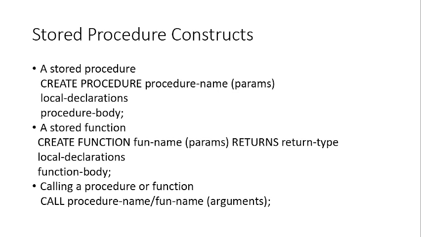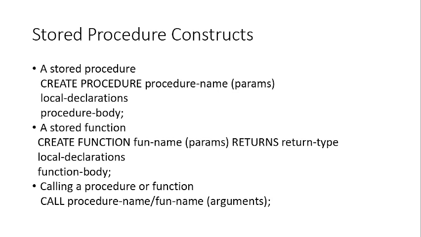Many commercial DBMS allow stored procedures and functions to be written in a general purpose programming language. The stored procedure can be made of simple SQL statements such as retrievals and updates, and the general form of declaring a stored procedure is like this.